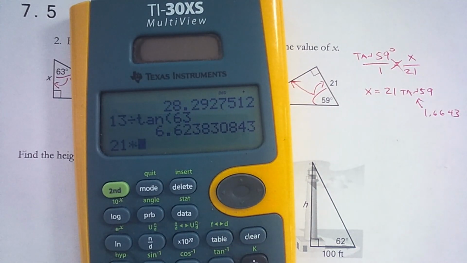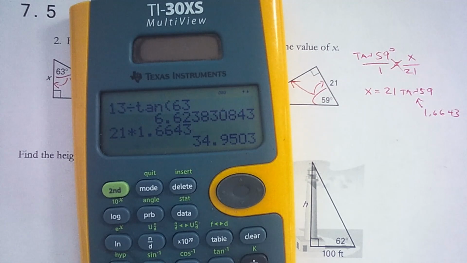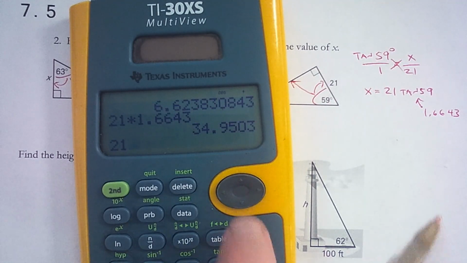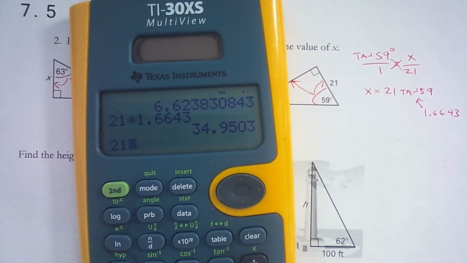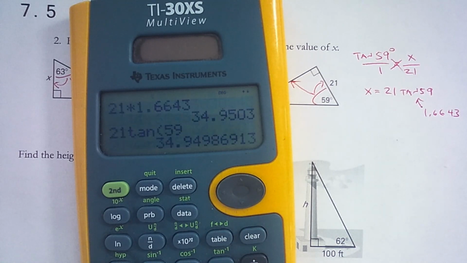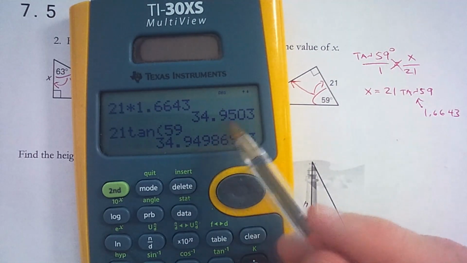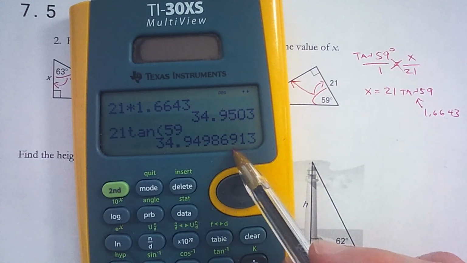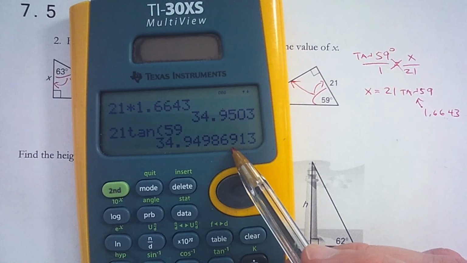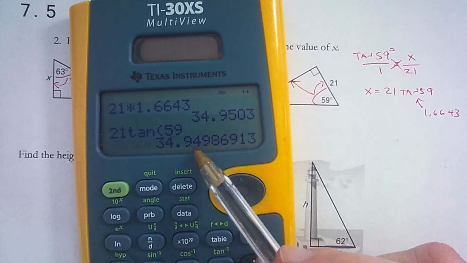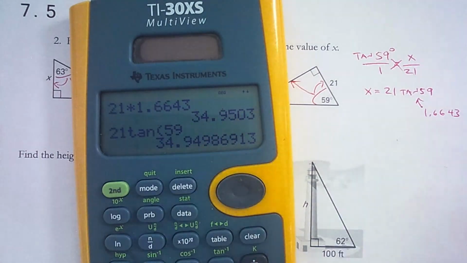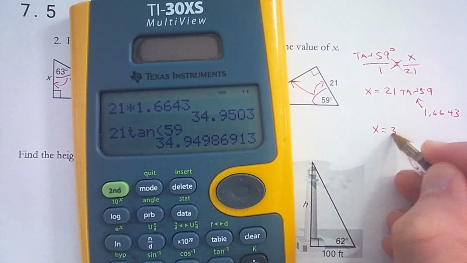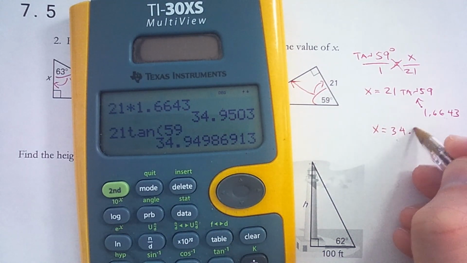Okay, so I could type in 21 times 1.6643, or I could type in 21 times tangent 59. Okay, now they come out slightly differently because this number is actually rounded. The calculator happens to know more digits of it. But when I round to the nearest hundredth, they're actually going to come out the same. X equals 34.95.